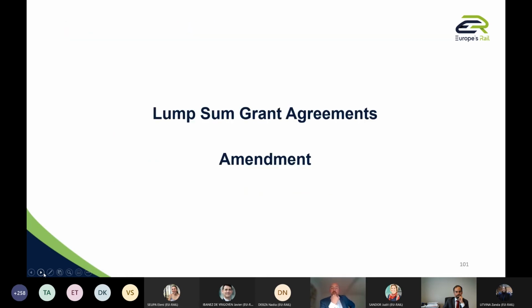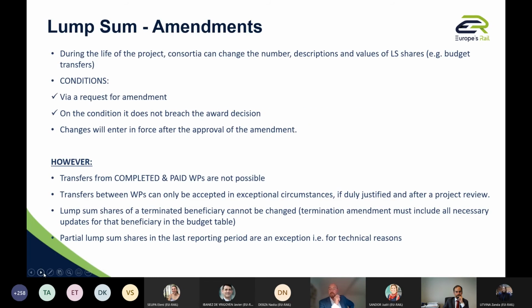And then finally, a quick word about amendments. This could be important for you to know for the long term, because once the lump sum is fixed, we cannot have transfer of budget among beneficiaries anymore. There is no need for this kind of flexibility anymore, because at completion of the work package, the lump sum share is automatically paid. So you cannot declare less or more cost in the end.